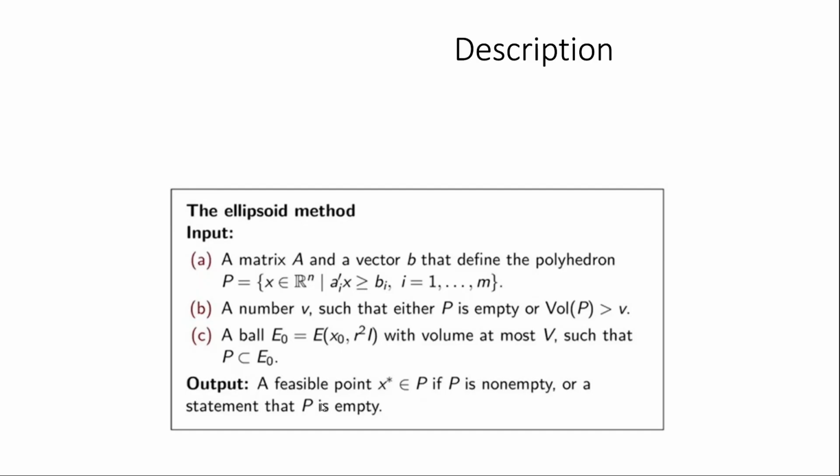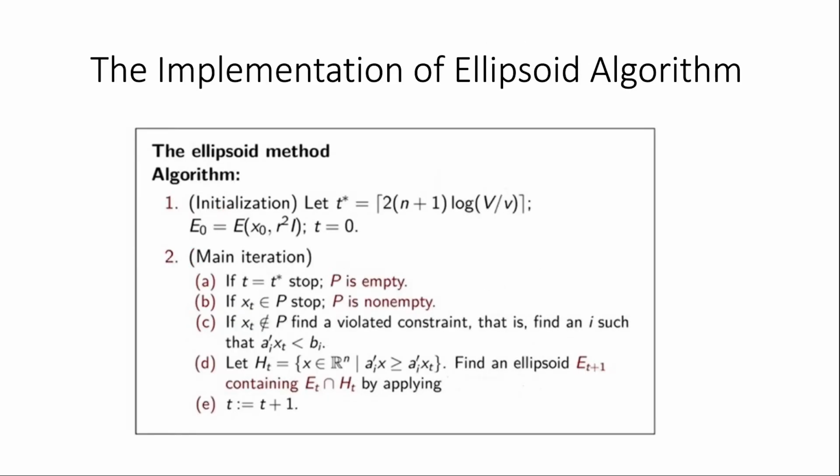Now the output of the ellipsoid method is whether there is a feasible point x star that resides inside the polyhedron or not, or to prove that the polyhedron P is empty or non-empty. So let's see, this is our algorithm. We initialize the ellipsoid E naught and x star with the following values. Now this is the iteration step.